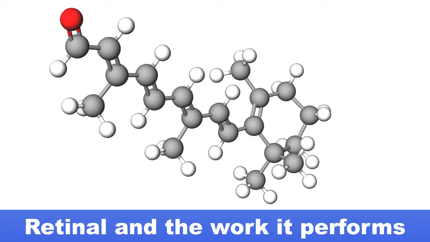It responds to a photon of light. A photon is a particle of light, transfers some momentum and energy to the retinal molecule. The retinal molecule bends and then unbends. And when it does that, in response to the incoming photon, it then sends a message down the optic nerve into your brain. And there's zillions of retinal molecules in your retina. And that's how they work.